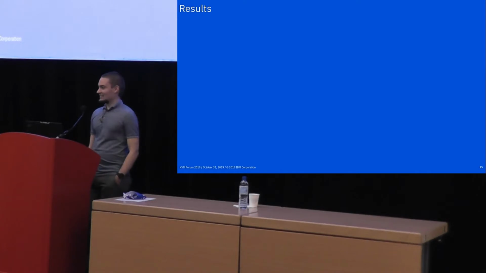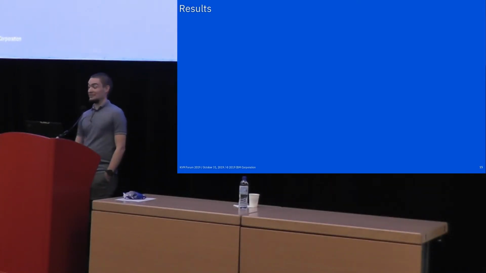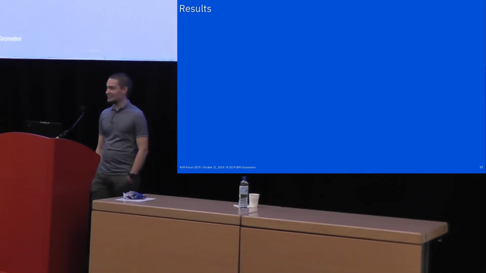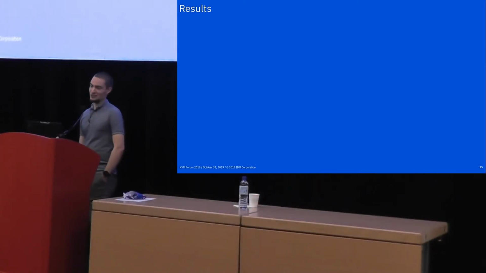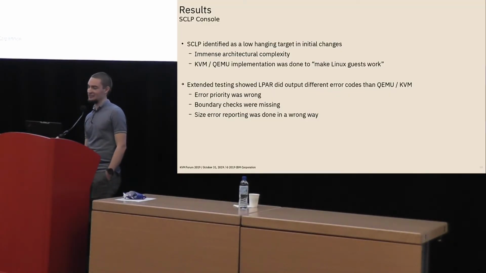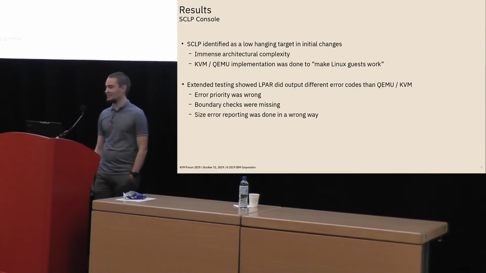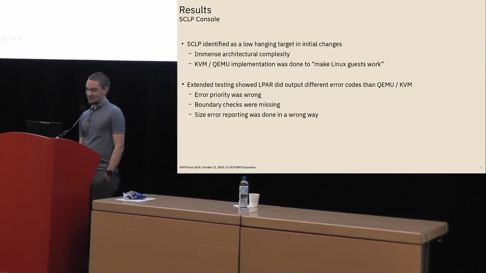All right. So now with being able to run the tests on multiple environments, multiple hypervisors, I set out, and the easiest target to have a look at was the console, because it's just a massive interface. I think it's more than 100 or 200 pages of documentation.